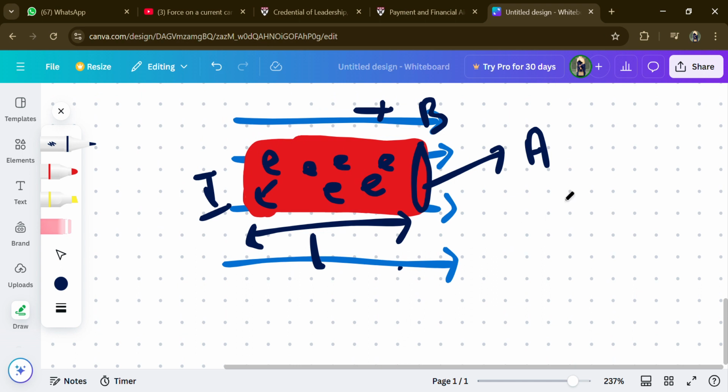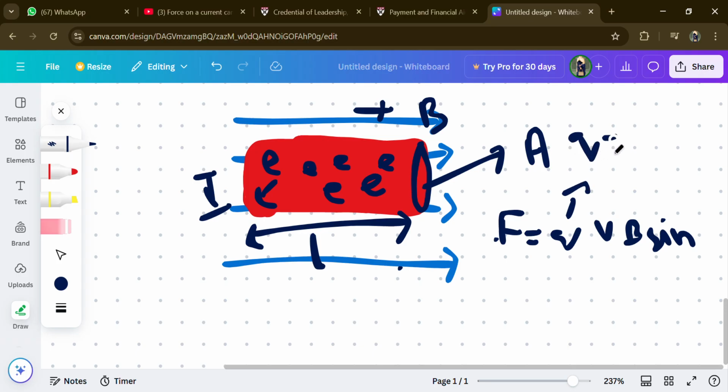Now, what usual definition do we have in our mind regarding the charge? We have to find out the force, right? So F is equal to Q V B sine theta. Here Q shows us one more thing.